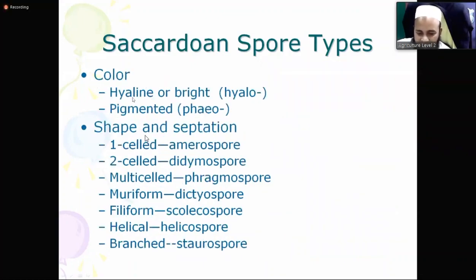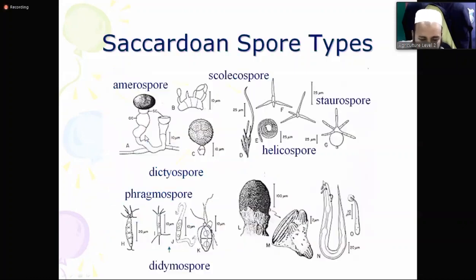They say hyaline, that means colorless, or pigmented, like this. You will find this word hyaline. Then one cell, two cell, they give them names, but no need to learn much. So there are different types of fungal spores.